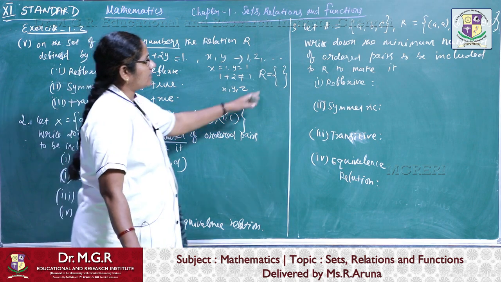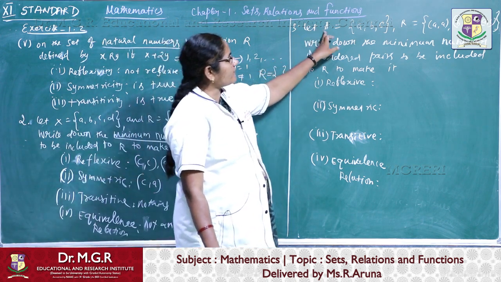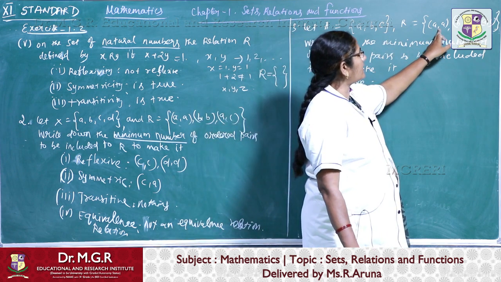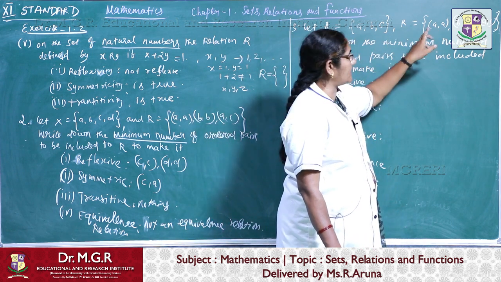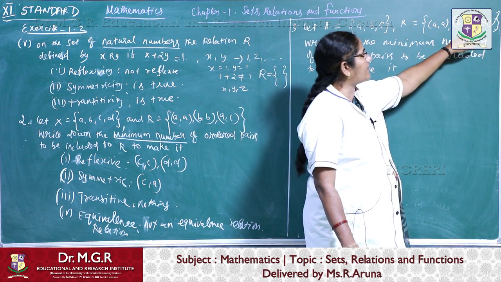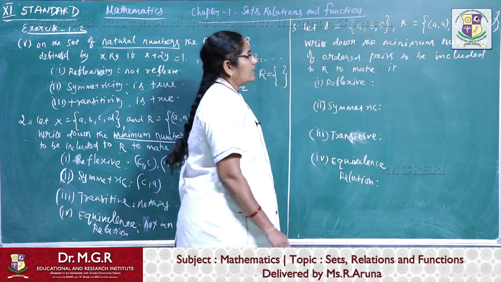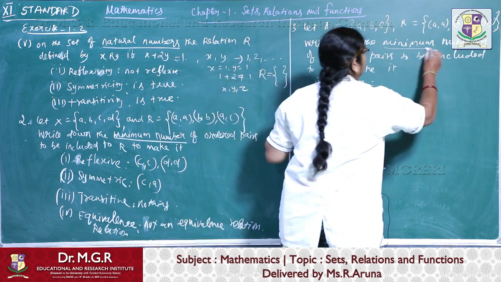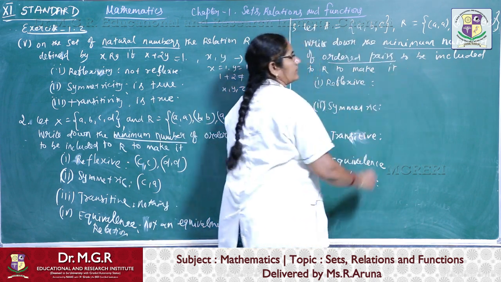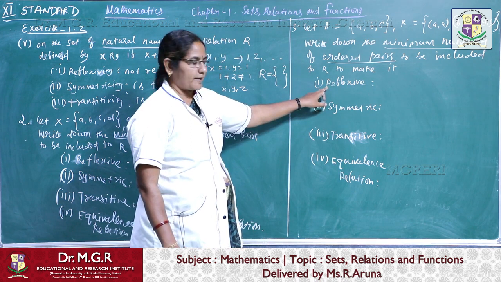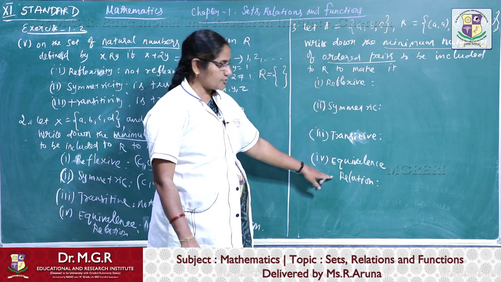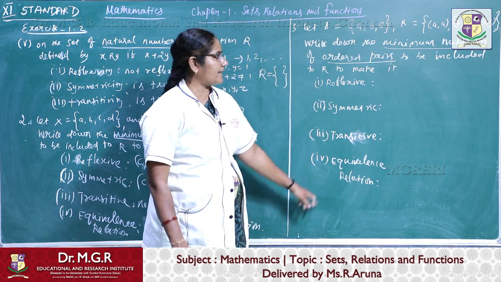Let us move on to the next problem. Here we are given only 3 elements and R is the same set of elements as the previous problem: (a, b), (b, a), (a, c). Now here also we have to find the minimum number of ordered pairs to be included to make it reflexive, symmetric, transitive and to check for the equivalence relation.